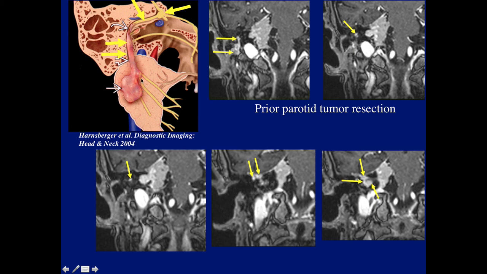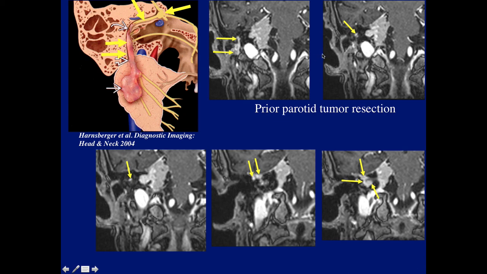shows that when you have a tumor within the parotid gland, you can get perineural spreading up through the mastoid segment of the facial nerve and it can extend quite a bit up. In our case, it went all the way up. If you analyze the images, here is abnormal enhancement of the mastoid segment in this patient.